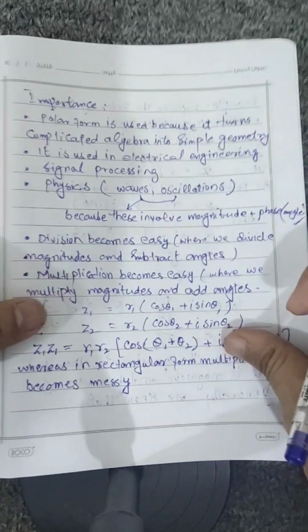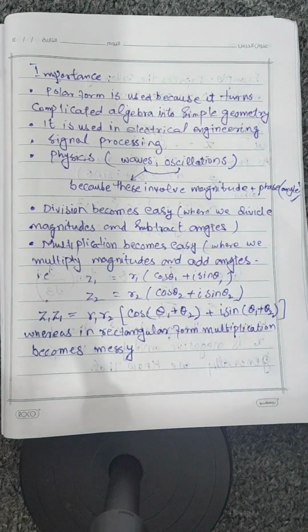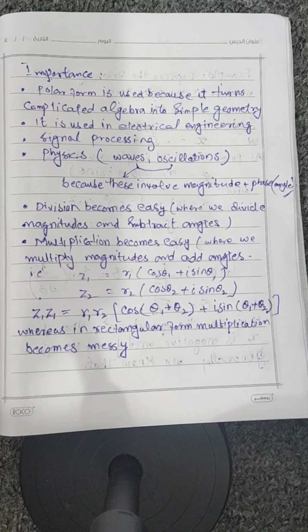Now, why do we represent a complex number in polar form? It has some importance. Polar form is used because it turns complicated algebra into simple geometry, and it is used in electrical engineering, signal processing, and physics, where we deal with waves and oscillations in which magnitude and phase angle are involved.